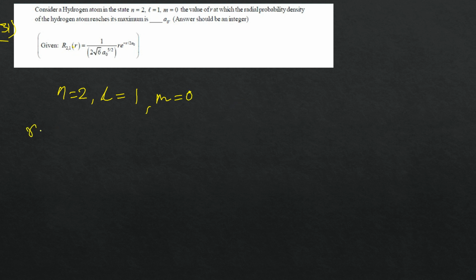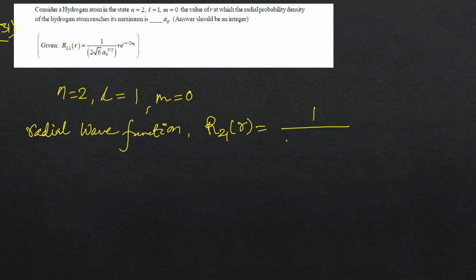So what is the radial probability density here? This is the radial wave function given. The radial wave function R21(r) is equal to 1 by 2 root 6, (1 by a naught) to the power 3 by 2, times r by a naught, e to the power minus r by 2 a naught.